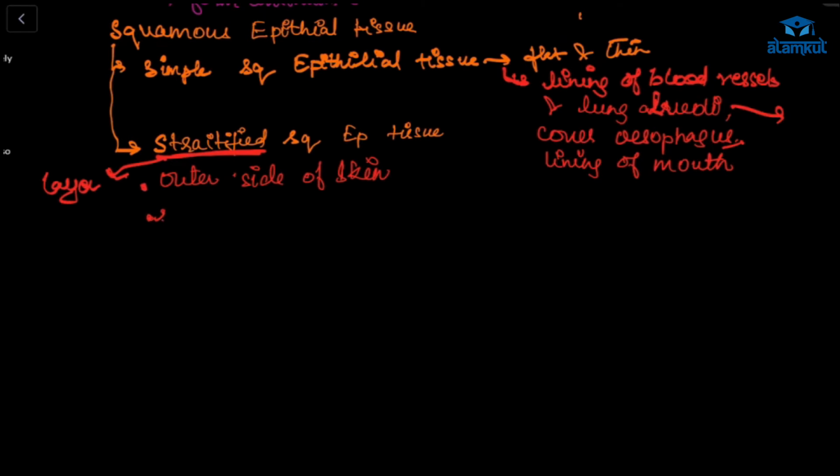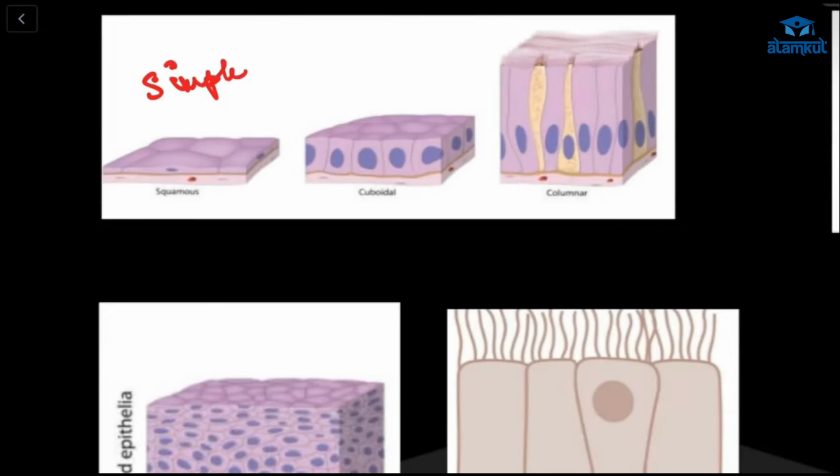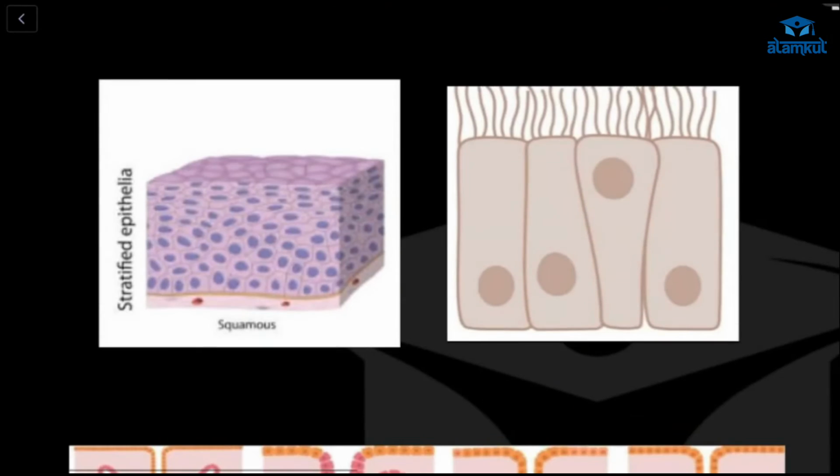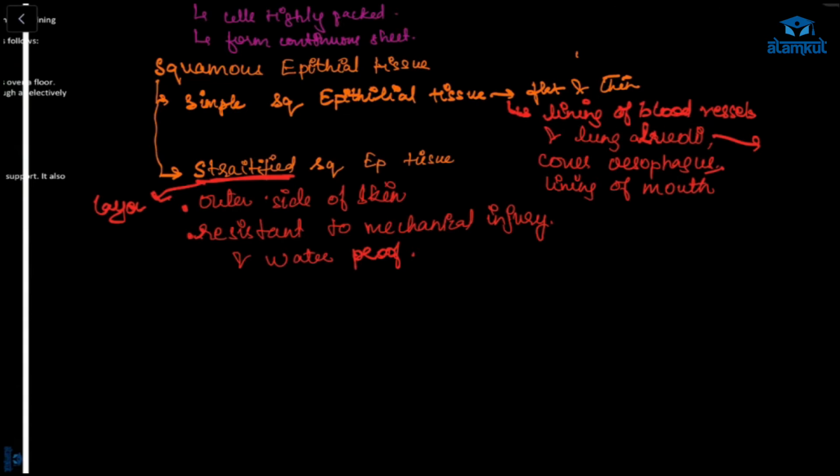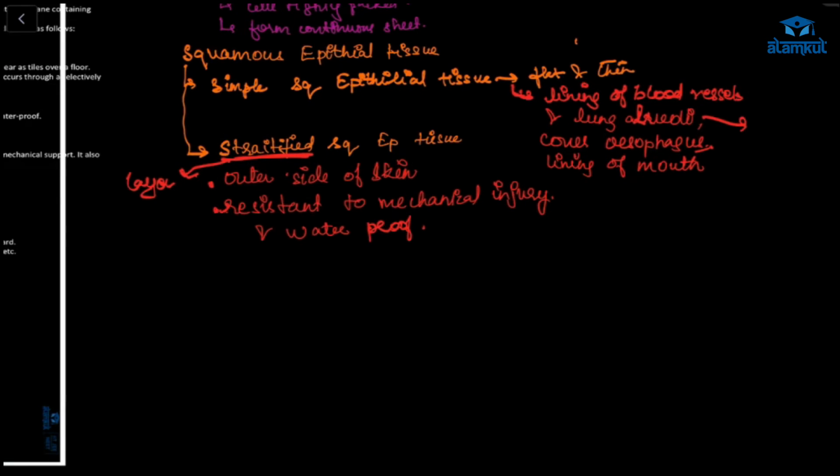Yes, ma'am. This is resistant to mechanical injury and also waterproof. This is simple, and this is stratified squamous. See, there are many layers here, only a single layer here. You can tell the difference between simple and stratified epithelial tissue, right?